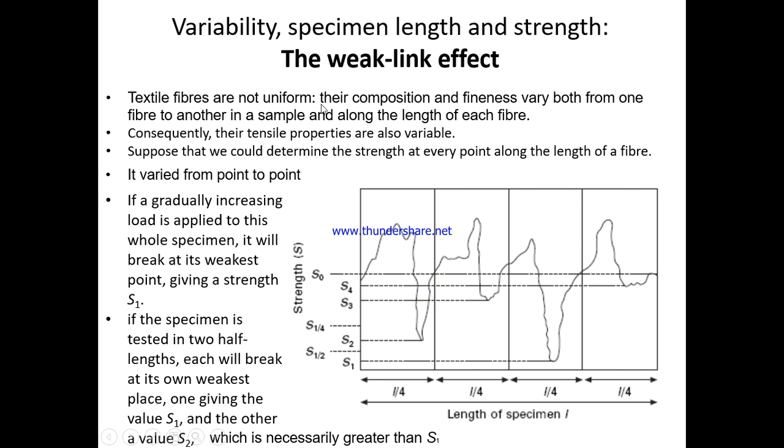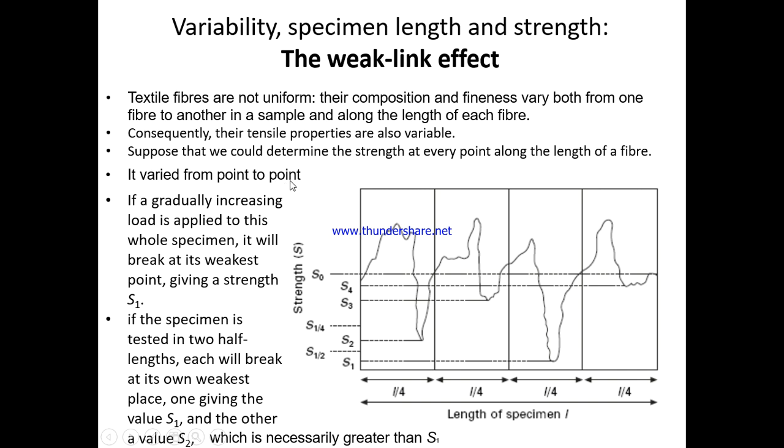Textile fibers are not uniform. Their composition and fineness vary both from one fiber to another in a sample and along the length of each fiber. Consequently, their tensile properties are also variable. Suppose that we could determine the strength at every point along the length of the fiber, which varies from point to point.